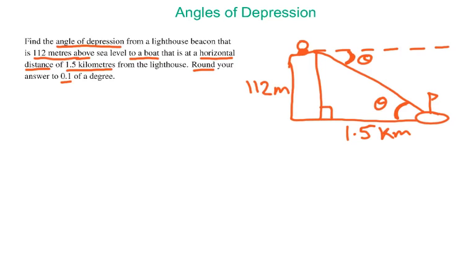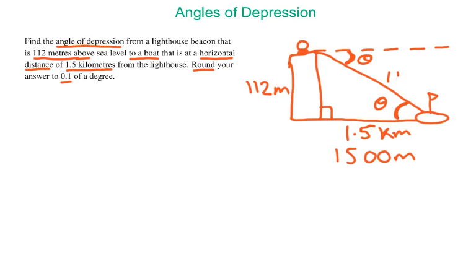Now there is 1,000 metres in a kilometre, so I'm going to change the kilometres into metres. So this is going to be 1,500 metres. Now that we're all in the same units, we can go and label our triangle. So because we're talking about the theta inside of my triangle, I'm going to use that to help me label it.